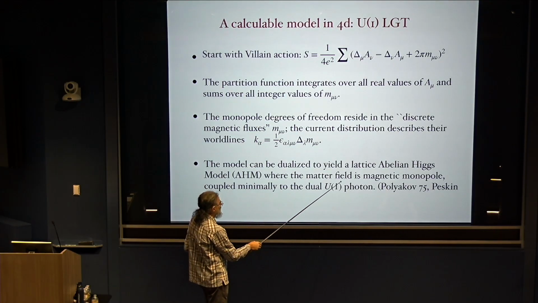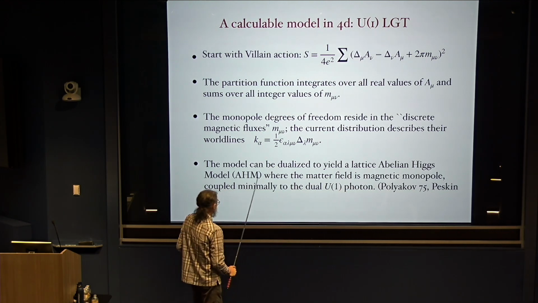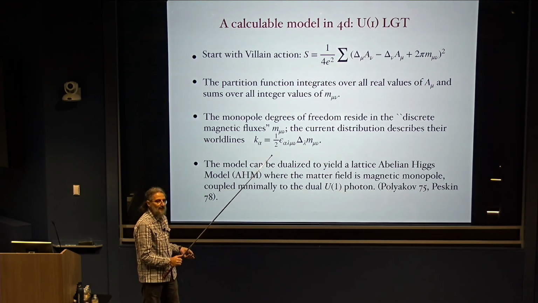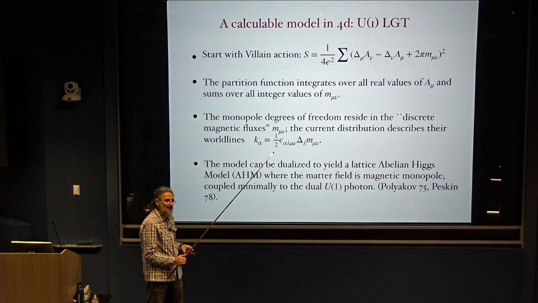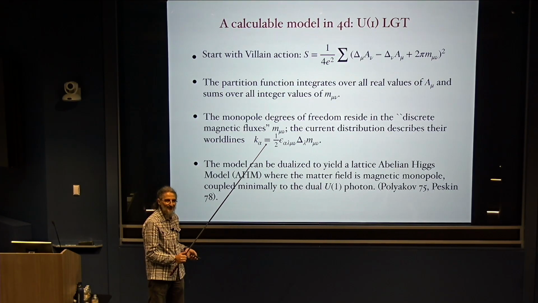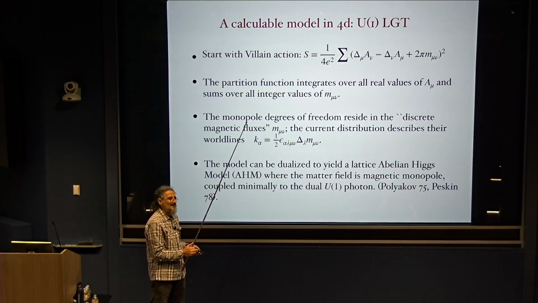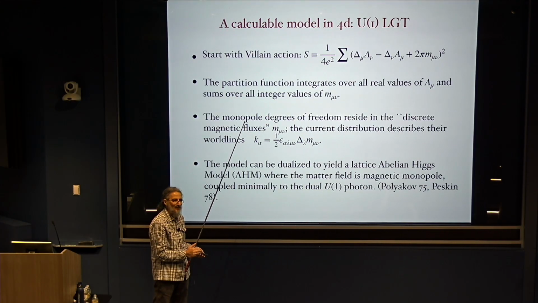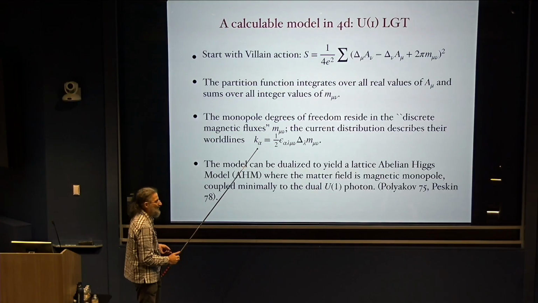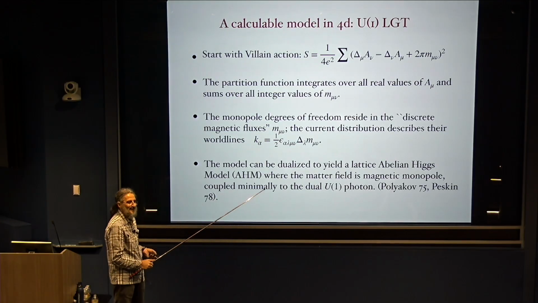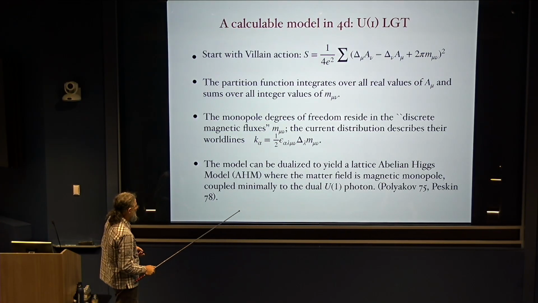And he obtained a lattice abelian Higgs model where the matter fields are monopoles and the gauge fields are dual photons. It is, in some sense, like a bosonic truncation of the Seiberg-Witten construction, basically. There is a little bit less matter here than there, okay?